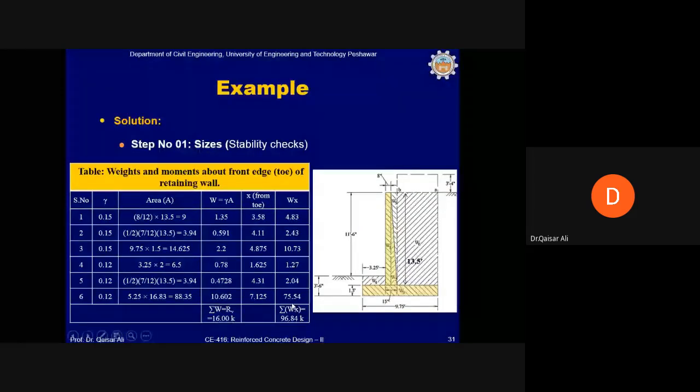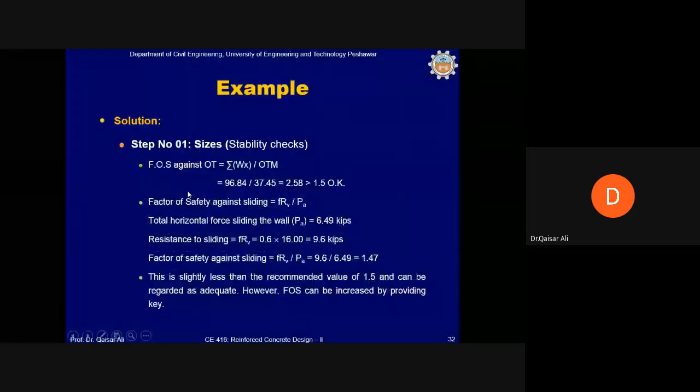First of all, we will determine the factor of safety against overturning, which is the summation of Wx divided by the overturning moment, which is 96.84 divided by 37.45. This is 2.58, greater than 1.5. Factor of safety against sliding is F multiplied by RV divided by PA. Total horizontal sliding force is 6.49 kip, which we calculated in the previous slide.